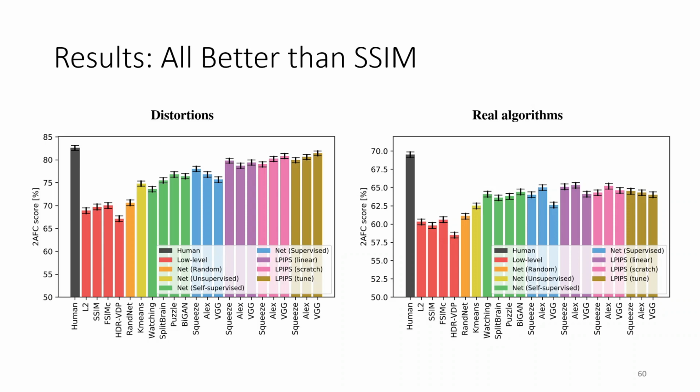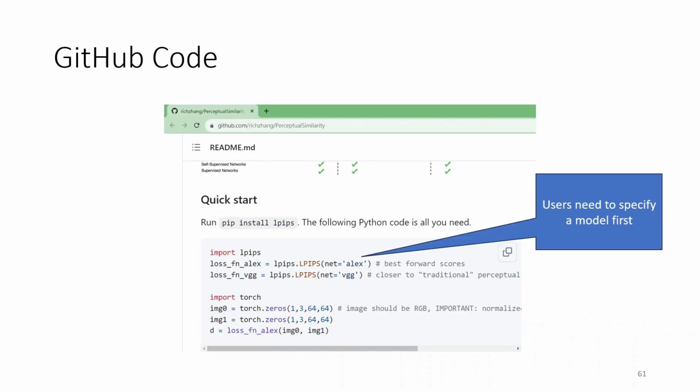Because LPIPS is much better than SSIM and PSNR, after the paper was published, almost no one used PSNR as a similarity index anymore. They use LPIPS, and they released their code and the pre-trained data on GitHub.